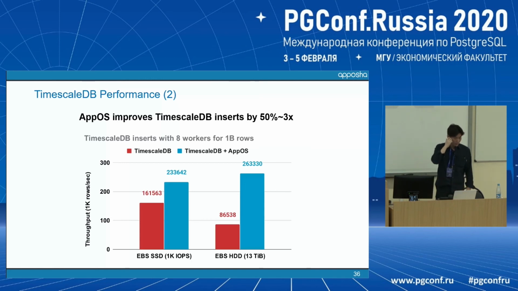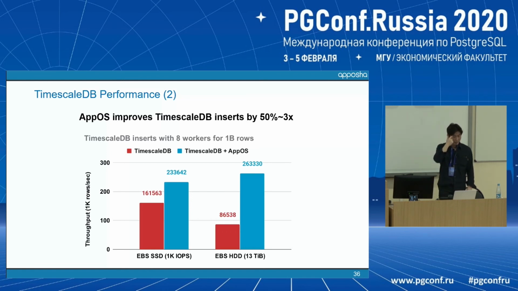This graph shows the data insert throughput. With EBS SSD, TimescaleDB can process 160,000 rows per second, and with EBS HDD, it can process 86,000 rows per second.